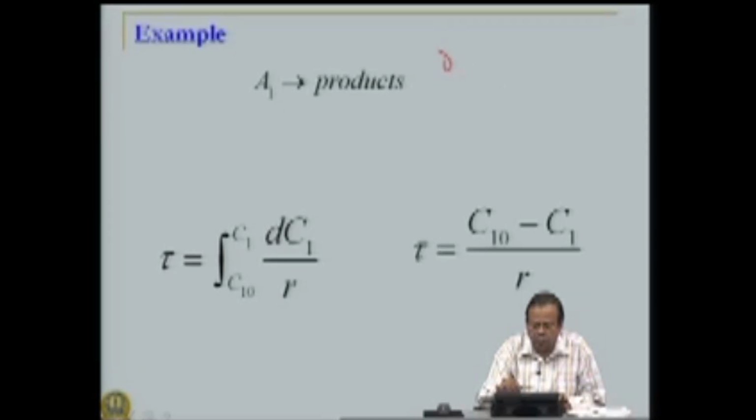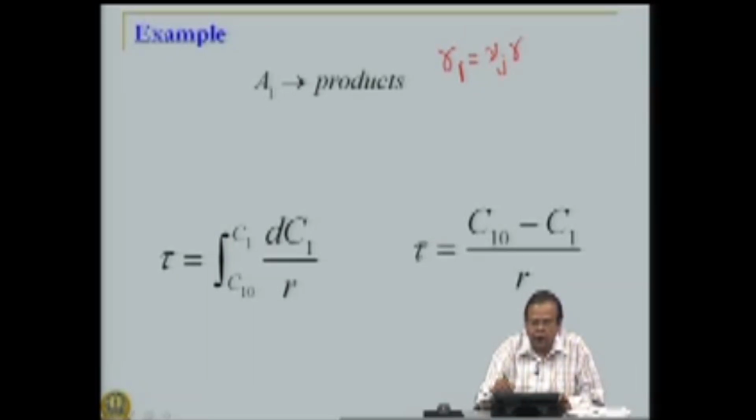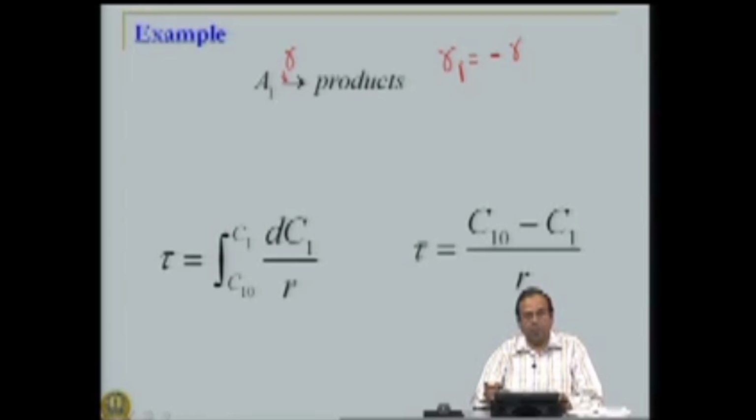So, my R1, that is the rate of generation of species 1, is nothing but nu j into R, if R is the rate of this reaction. So, R is the rate of this reaction times the stoichiometric coefficient, and for this particular example, nu 1 is minus 1. So, R1 is minus R.